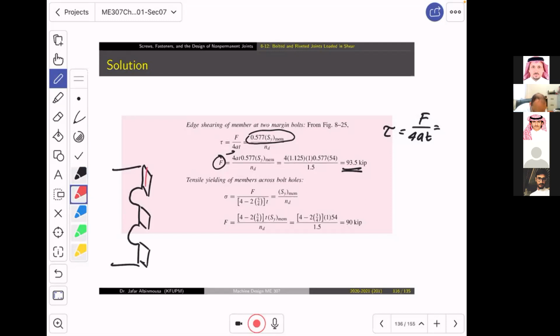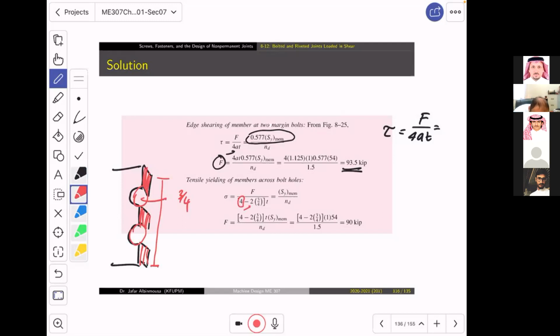To find these areas, you calculate all of this, and you subtract from it twice the diameter. So if you remember, the thickness of the blade is 4 inches. Then you subtract twice the 3 over 4. And then you get the resultant area.